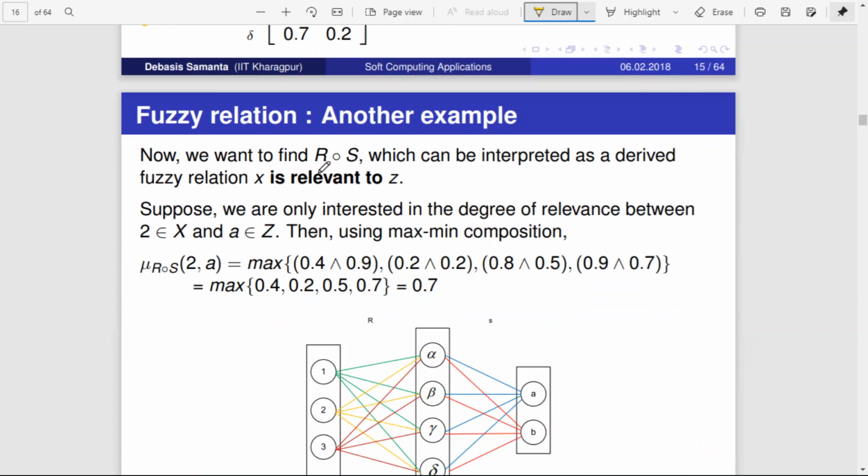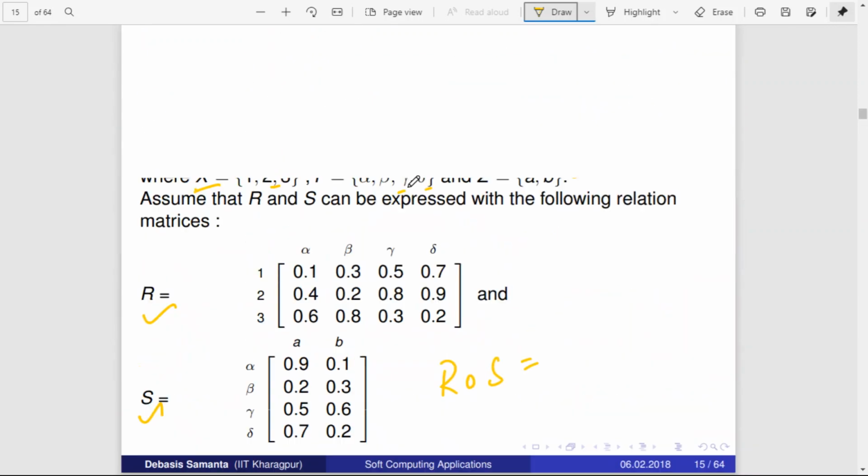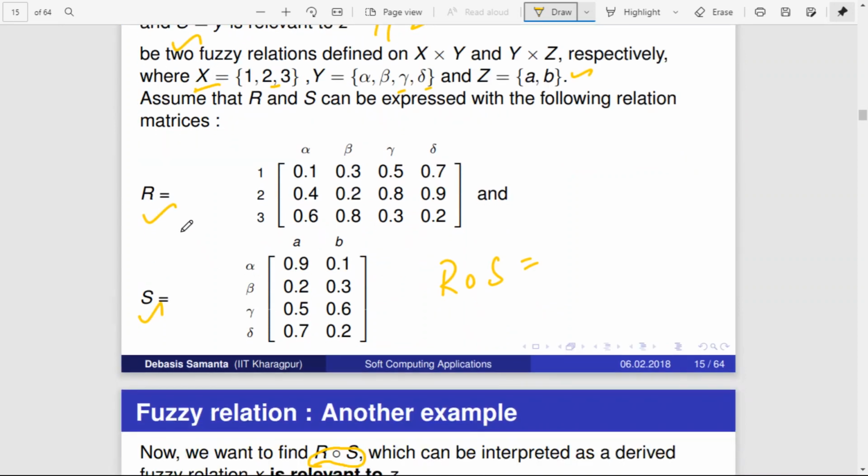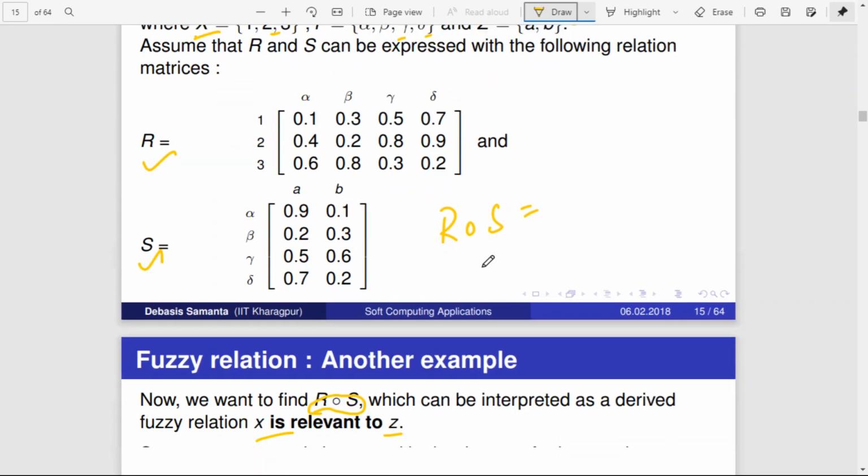We can calculate R composition S, which can be interpreted as a derived fuzzy relation: X is relevant to Z. R is on X comma Y and S is on Y comma Z, but still X is relevant to Z because we can have a mapping from R composition S. That is what R composition S does.